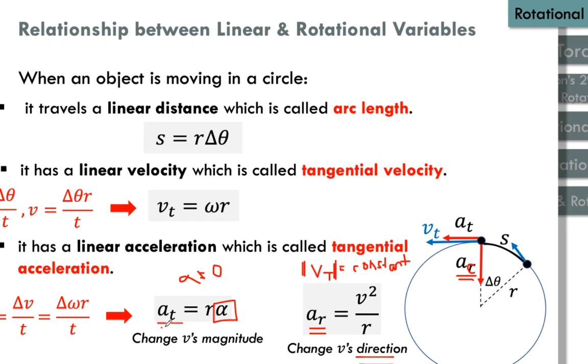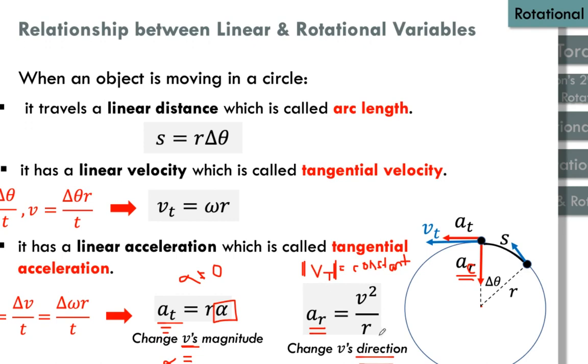If there is an angular acceleration, the object also experiences a tangential acceleration, which is the product of the radius of the circular path and the change in angular velocity over time, which is the definition of alpha. So if the magnitude of the object's velocity changes, we have tangential acceleration.